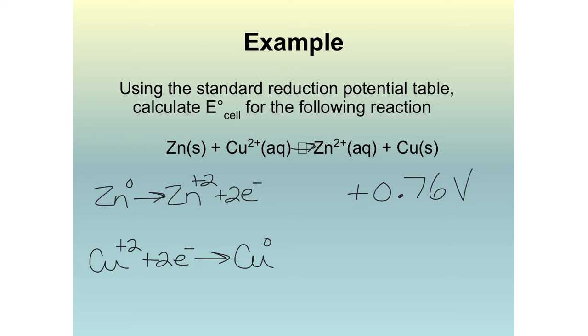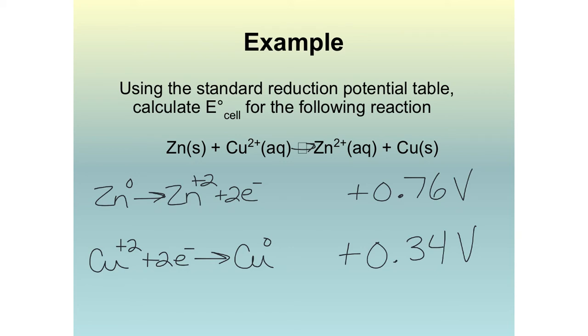All right, then we find our copper half reaction, and that is about halfway down the table, and that is positive 0.34 volts. Now, it was already written as the reduction, so we do not change the sign because we wanted what was already on the table.